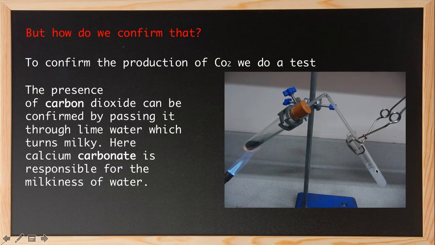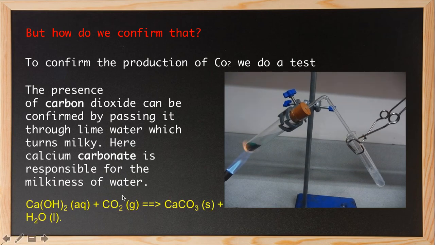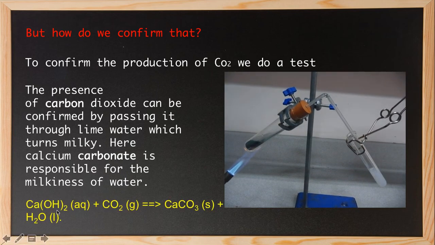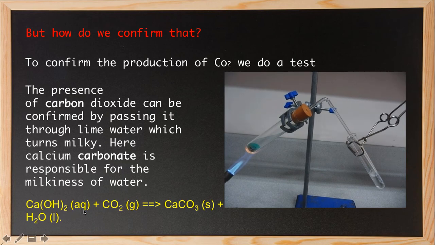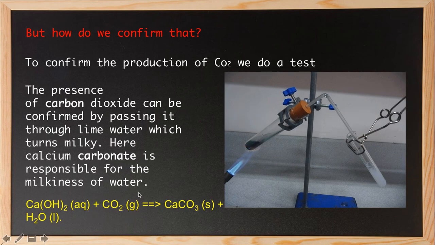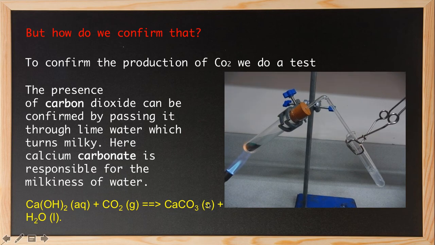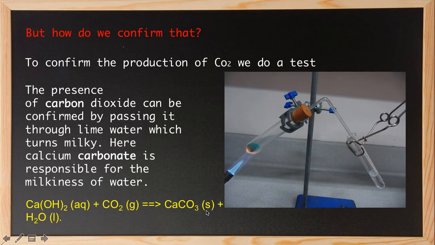And this milkiness is due to the formation of calcium carbonate. And the reaction goes as follows. Ca(OH)2 in aqueous solution, combined with carbon dioxide, which is in gaseous state, forms calcium carbonate, which is a solid, along with water.